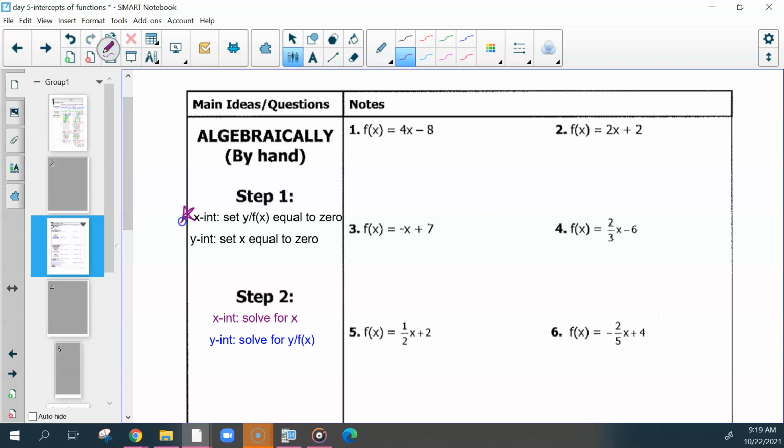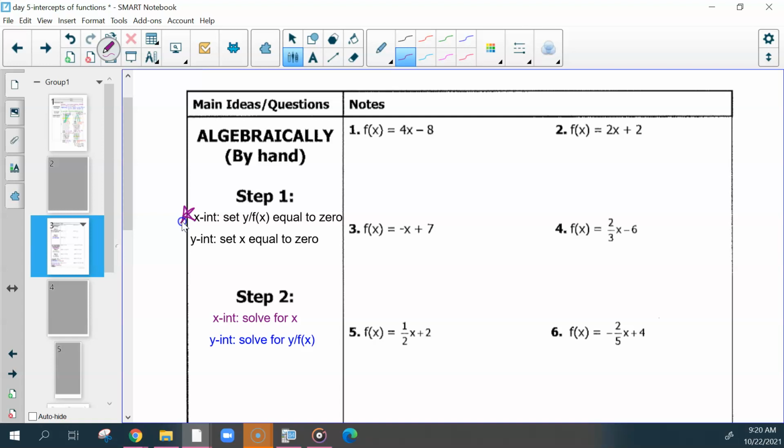So we need to set y or f of x to equal 0. Anytime we are looking for an x-intercept, our y value is 0. So like when we were finding function notation, this would be like a f of x equals 0 situation.